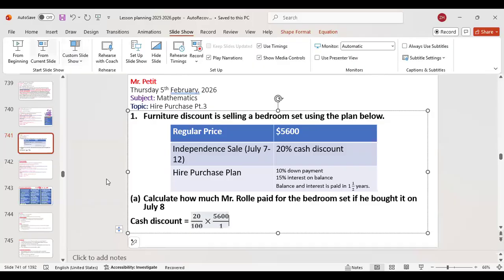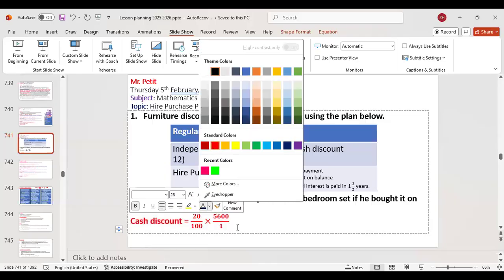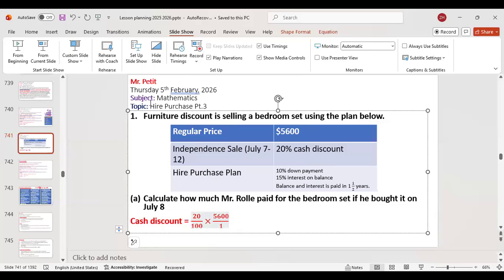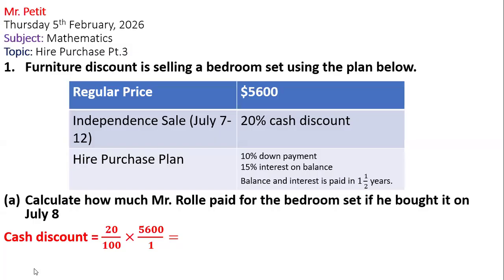Okay, cool. Let me put this in red, because this is like the answer. So it's going to be equal to... What I'm going to do is cancel out this 0 with this 0. Can I cancel out anything else?